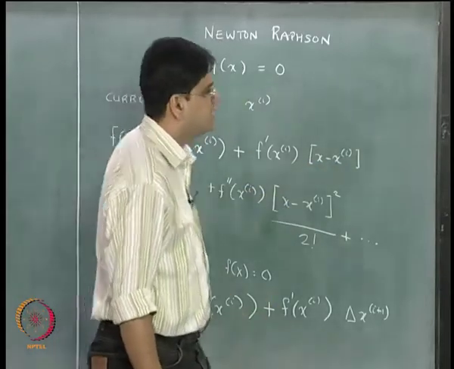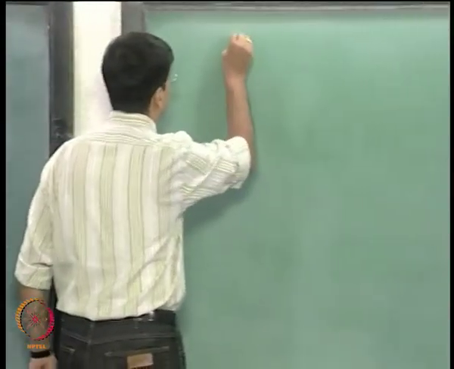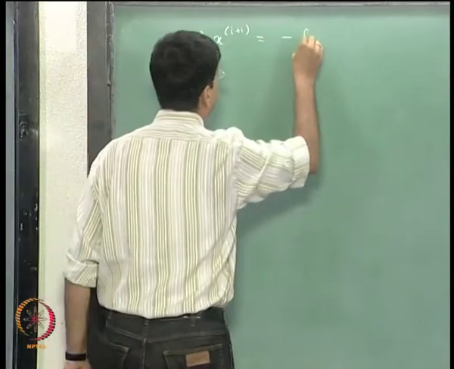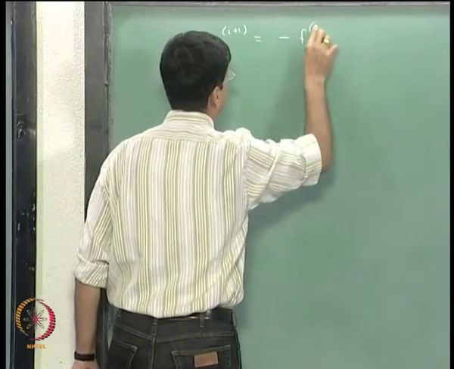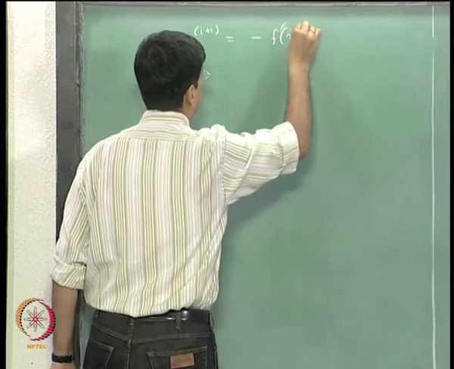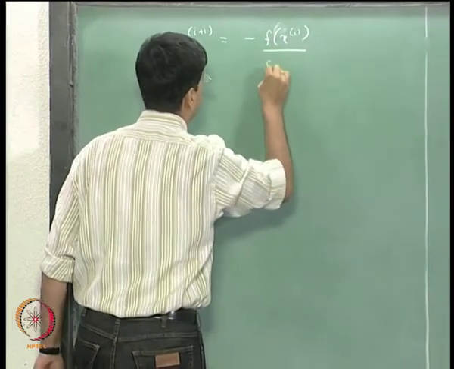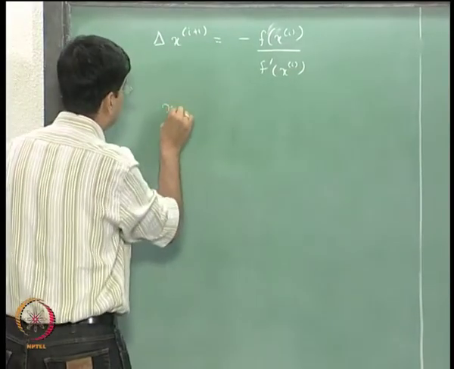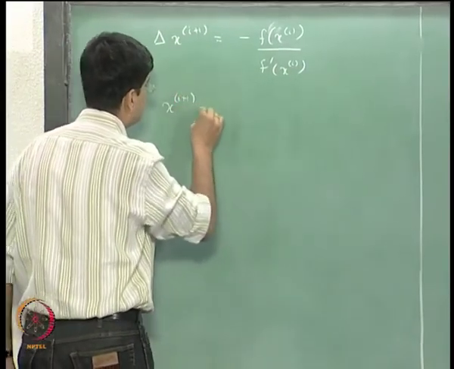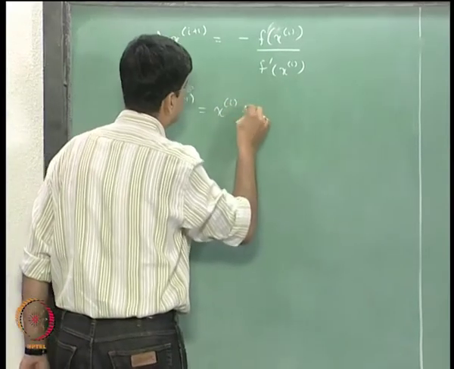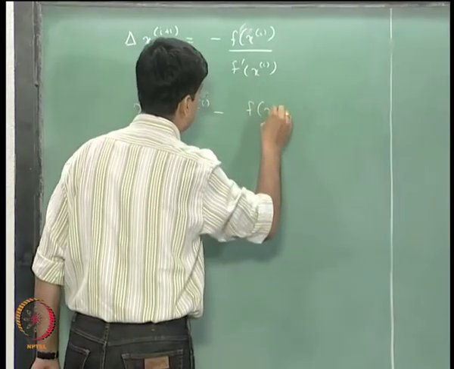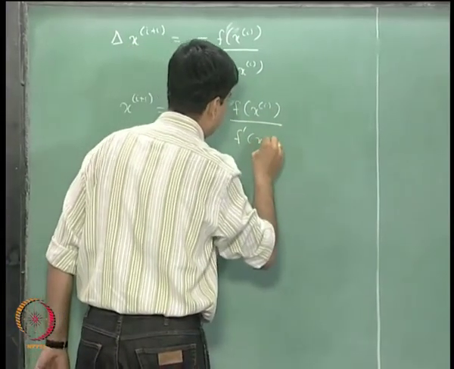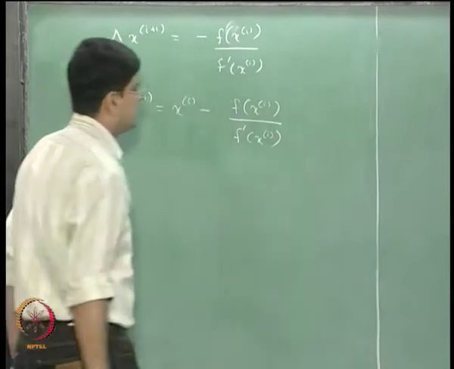When we rearrange that, we get delta xi plus 1 equal to negative f of xi divided by f dash of xi, or we can write this as xi plus 1 equal to xi minus f of xi divided by f dash of xi.